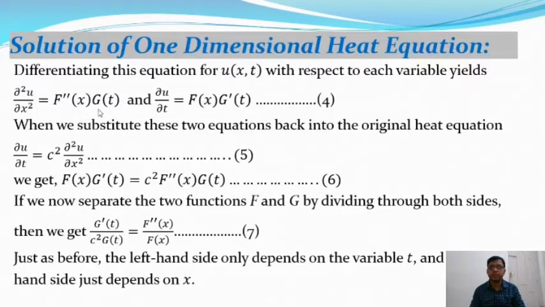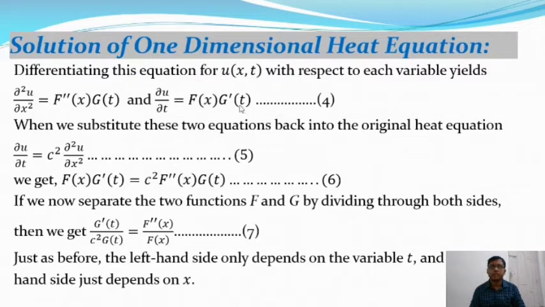Since g of t and f of x are single variable functions, the partial derivative with respect to x is f double dash x into g of t. And for the first order partial derivative with respect to t, f of x is fixed, and the derivative of g with respect to t is g dash t. We can write this as equation number 4.